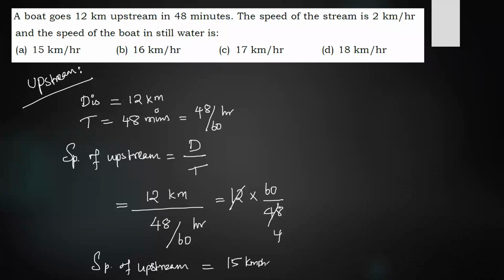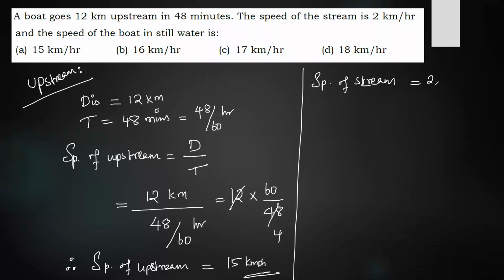Cancelling it, you get 12 times 60 by 48, which is 60 by 4, equal to 15 kilometers per hour. So the speed of upstream is 15 kilometers per hour.